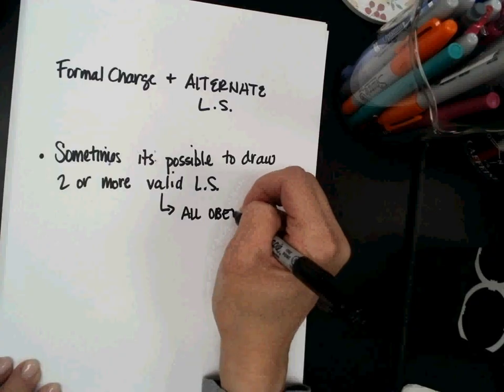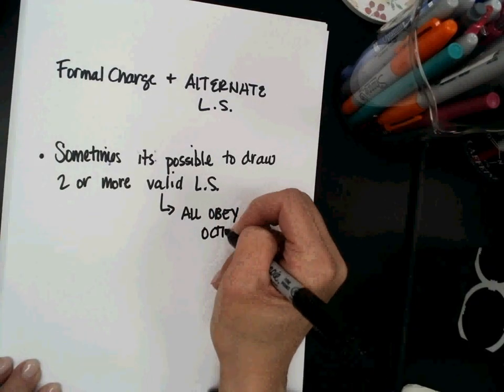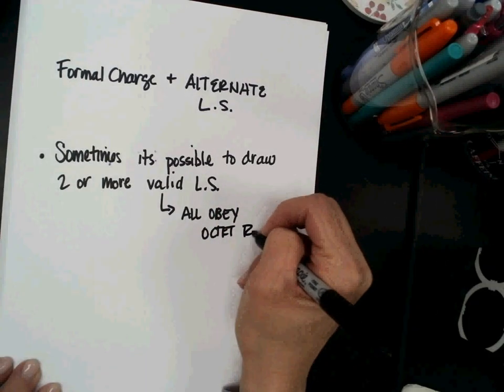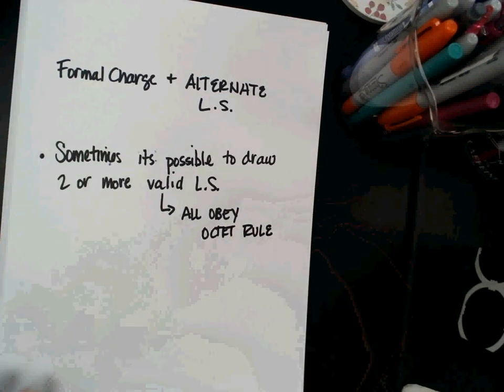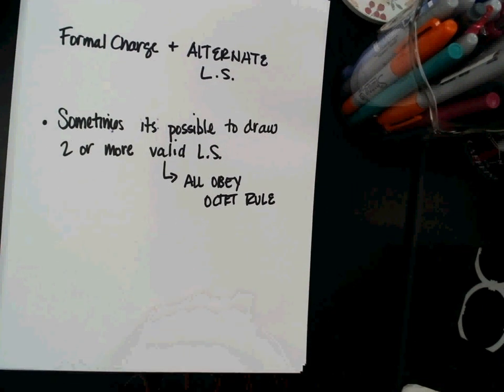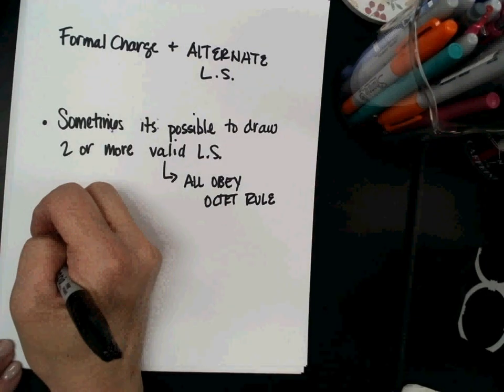They're valid because they all obey the octet rule. So you will find there may be a time where you draw a structure one way and your partner draws it another way, but both of them are valid because everybody has the amount of electrons that they want.